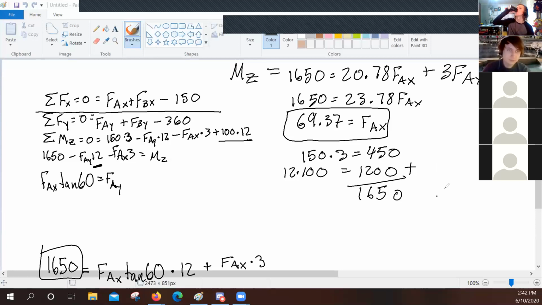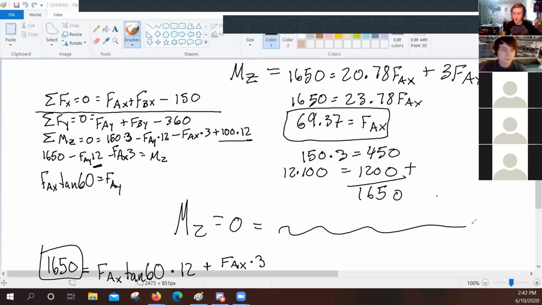On a problem like this, there's a lot more steps, but all of the steps on their own are the same thing that we've been doing. Basically, what every single step is going to boil down to is something equals 0 equals a bunch of other stuff. And that bunch of other stuff, individually, is going to be a force plus a force plus a force. If this is a force, then they'll all be forces, right?